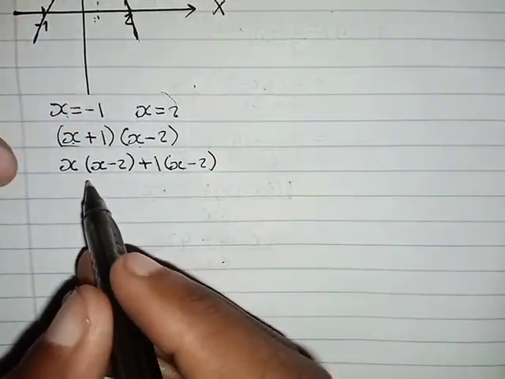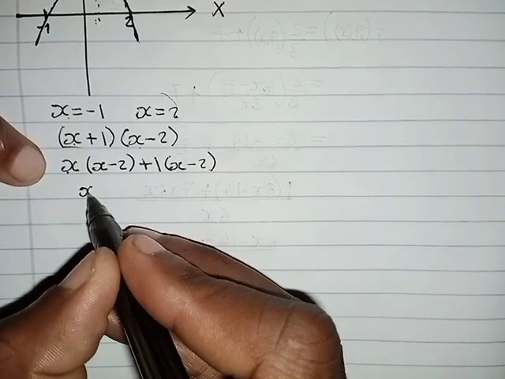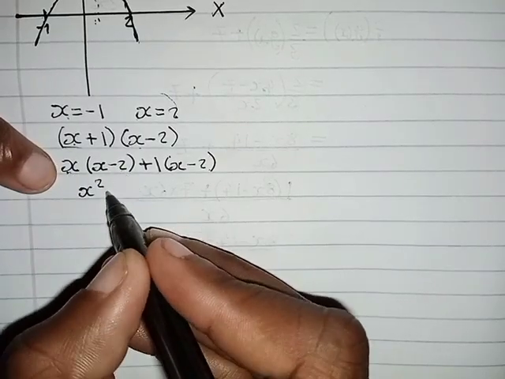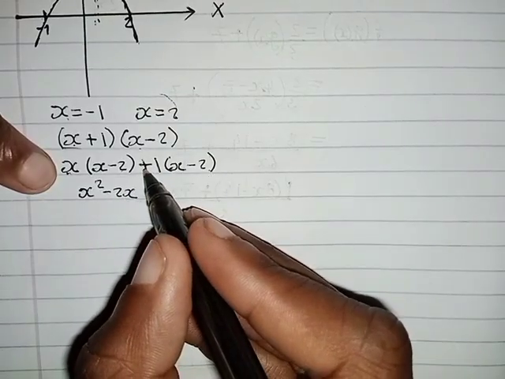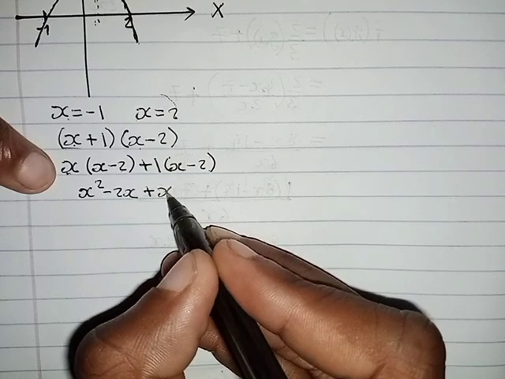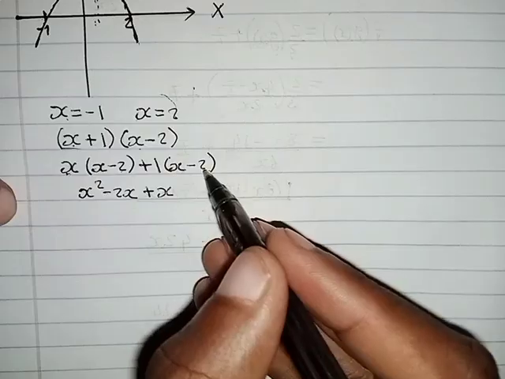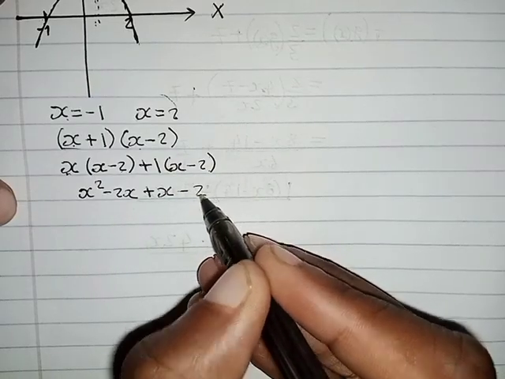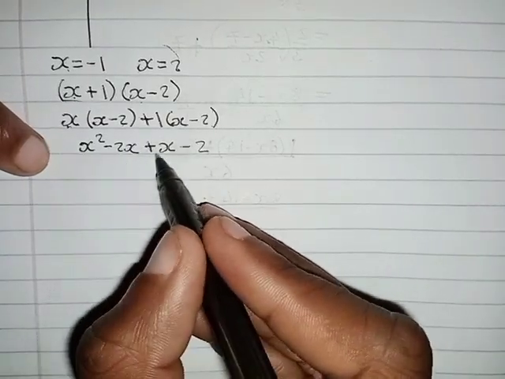Now we just have to simplify this. So we say x times x, we get x squared. Then x times -2, we get -2x. On the other side, we have +1 times x, we get +1x, or just simply +x. Then we have +1 times -2, we get -2, like that. Now, we identify the like terms in this function.